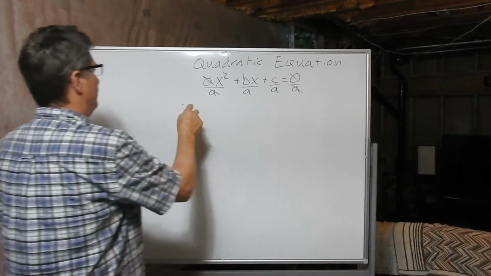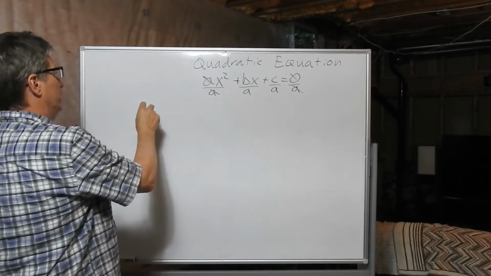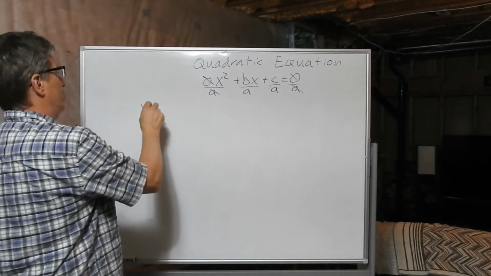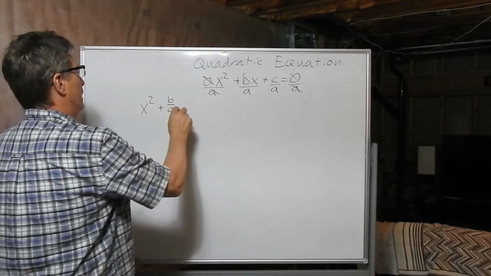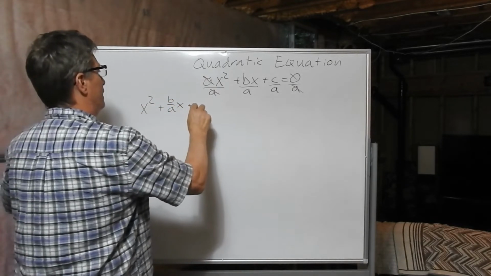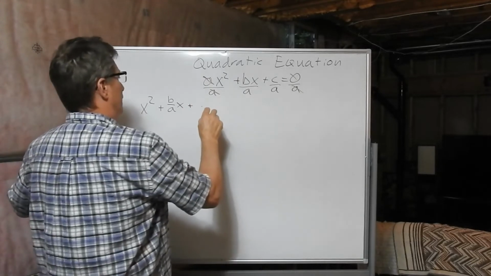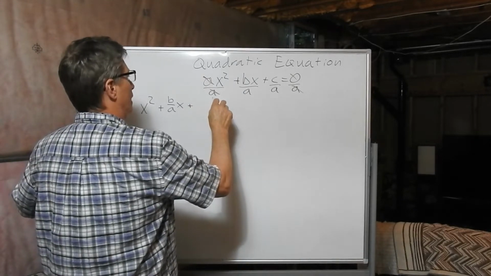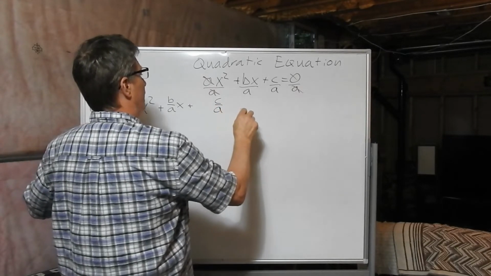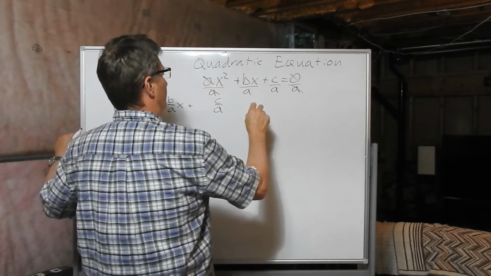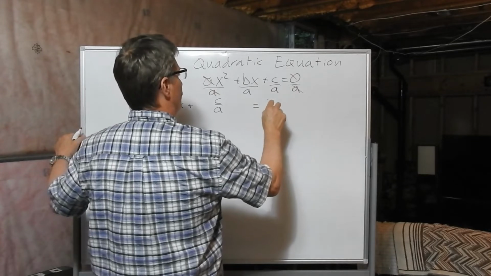So you're going to be left with x squared plus b over a x plus c over a equals 0.